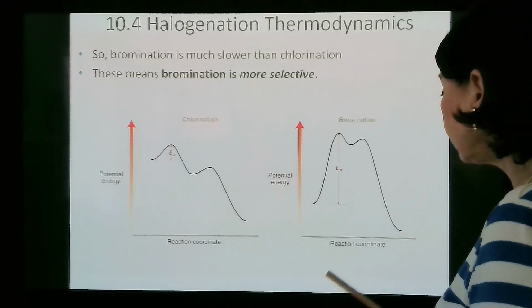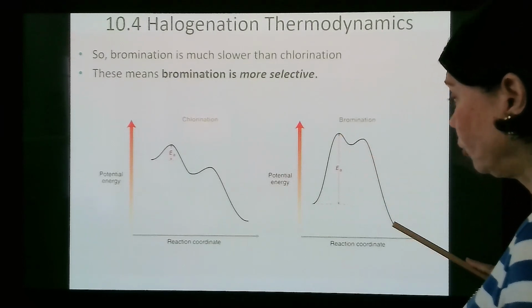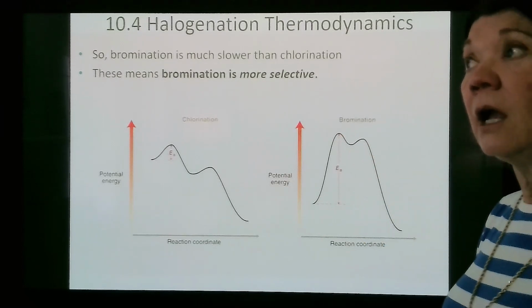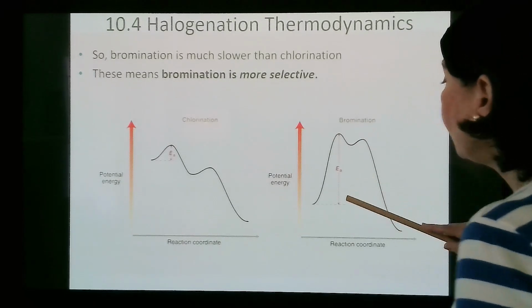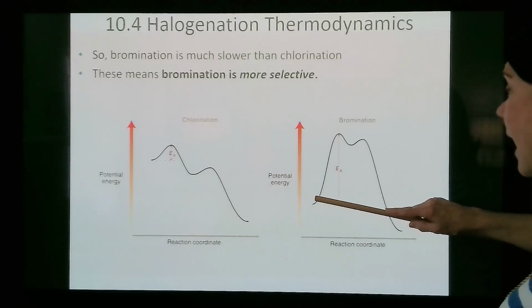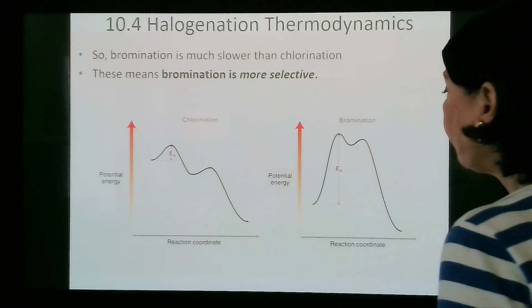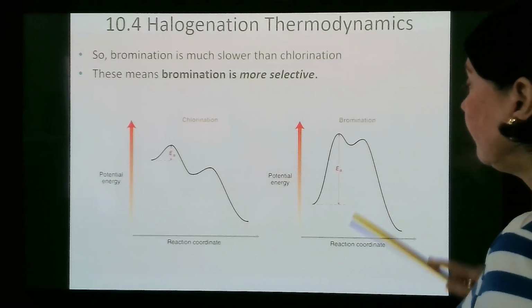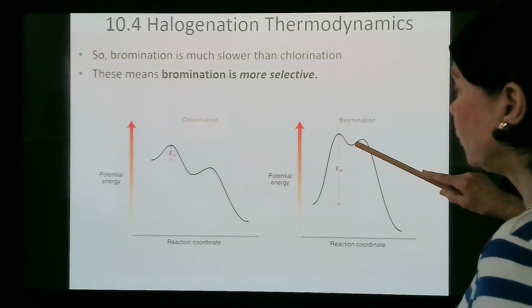The heat that's generated in the second step is enough to keep the reaction going as a radical chain reaction. Since you have a large energy of activation, the bromination reaction is much more selective.